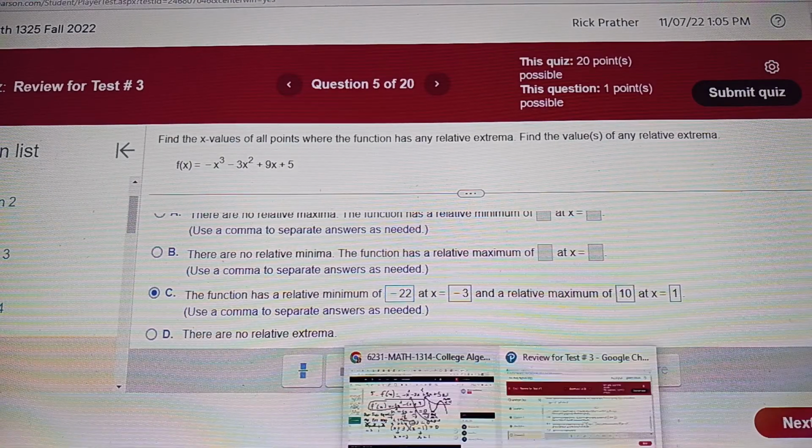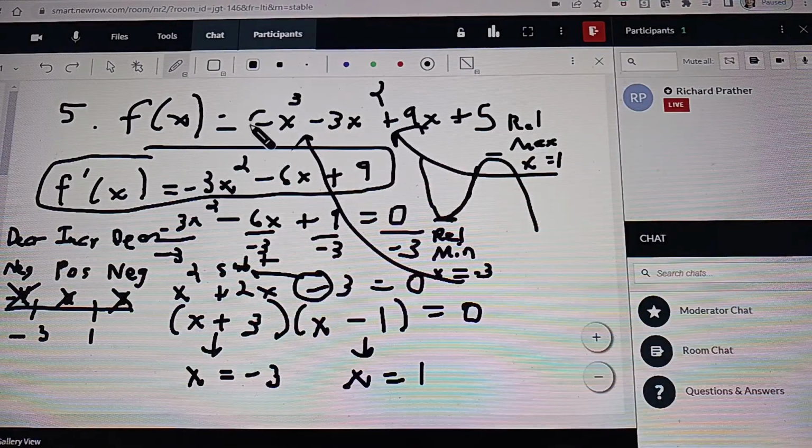And college algebra knowledge can help here too, because if you have a negative odd degree, the end behavior is up on the left and down on the right, just like this here. So you're starting up high and you come down to the relative minimum first. That occurs at negative 3, negative 22 for a coordinate.